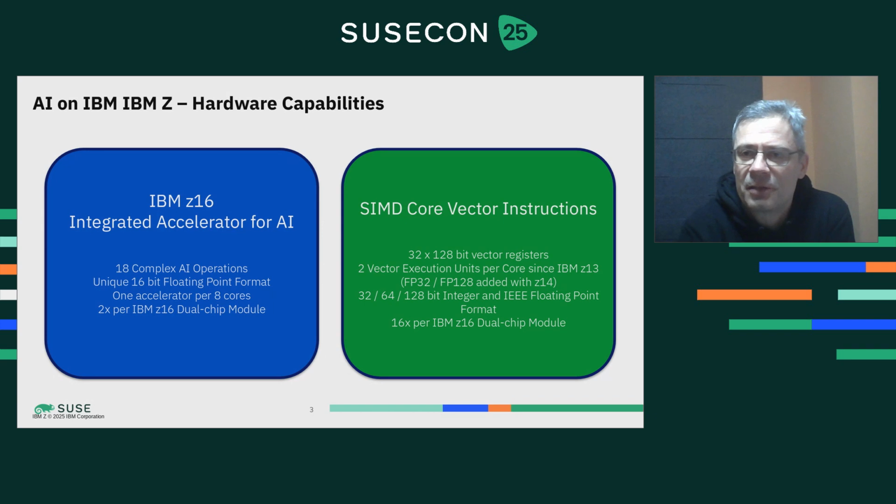Now, what are the SIMD instructions? Well, that's a set of specific instructions which have been revisioned for the past couple of generations of IBM Z and LinuxONE hardware, and they run on a total of 32 128-bit wide vector registers. And you can fit a couple of numbers into each of these vector registers, depending upon how wide you decide to have the format for the numbers.